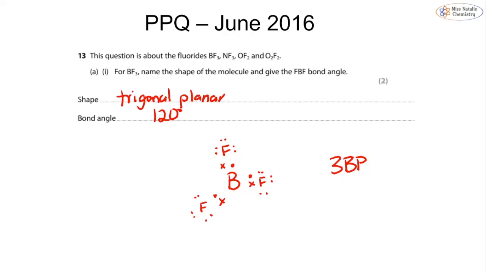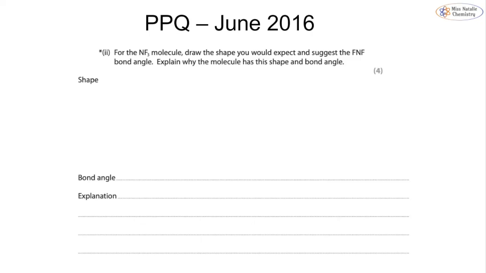Okay, they're going to be marked independently between these points. So if you get the shape correct and the bond angle incorrect, then you can still get 1 out of the 2 marks, or vice versa. For NF3, suggest the shape, draw the shape that you would expect and suggest the bond angle.